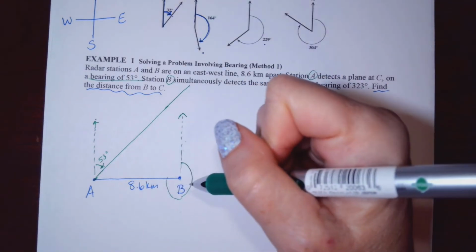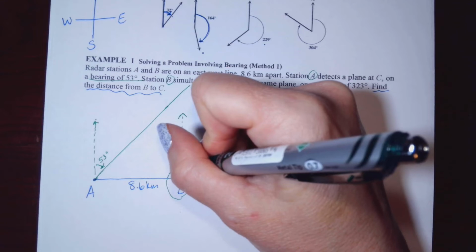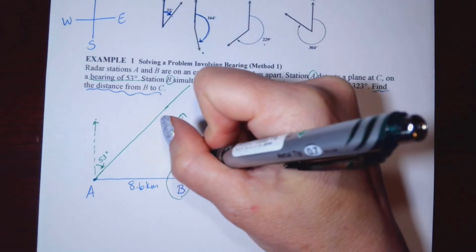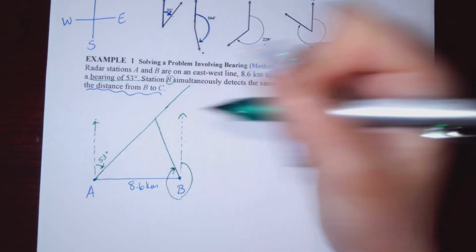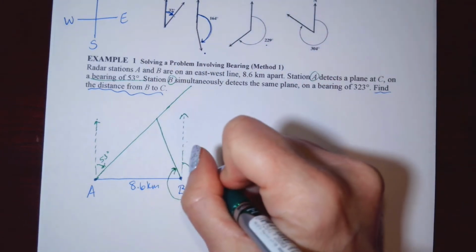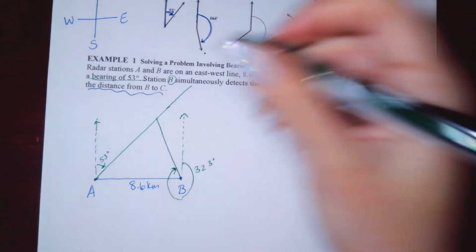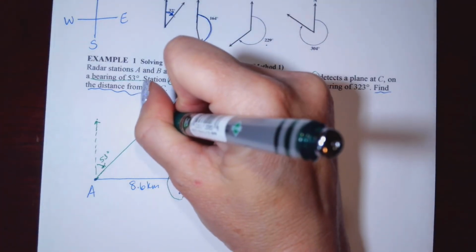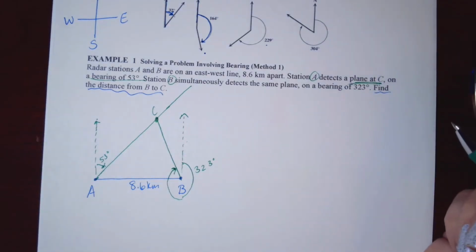Well, 360 is a full rotation, so not quite a full rotation is going to be that 323 degrees. So I'm going to say that this bearing line goes right about there. That's my 323 degrees off of due north. And they intersect at this point C, and that's the location of the plane.